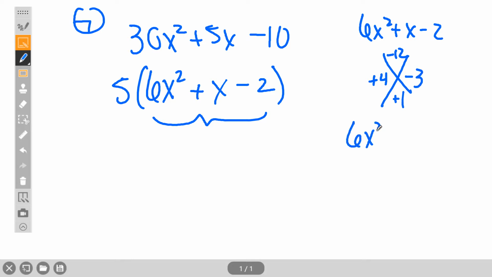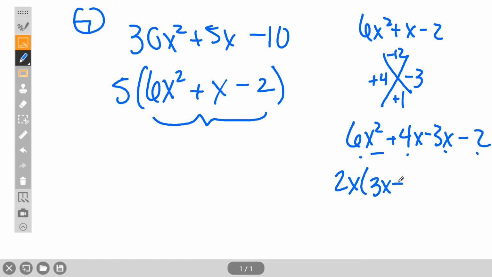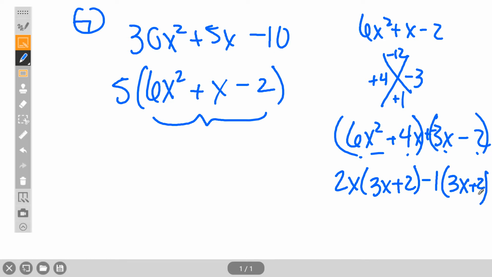So I can split this up into 6x squared plus 4x minus 3x minus 2 and factor out the GCF from the first two and the last two. The GCF of the first two is 2x, leaving 3x plus 2. From the last two, I factor out negative 1, and I have 3x plus 2.